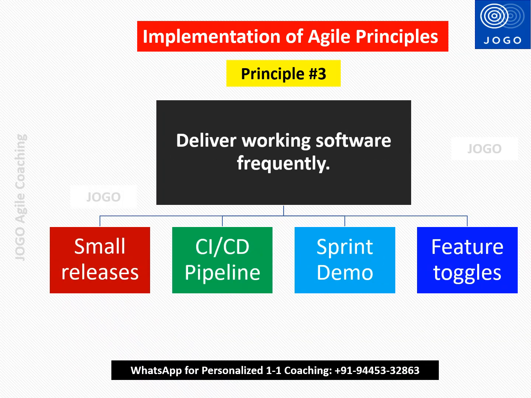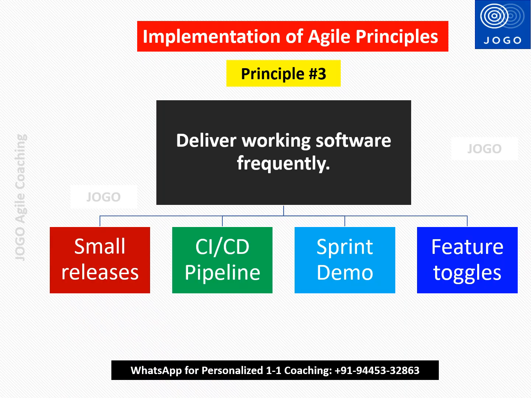Now let us understand how to implement the third agile principle, that is deliver working software frequently. We can plan small or frequent releases based on the work completed by the team. We can have a CI/CD pipeline so that we can have frequent releases without manual effort.